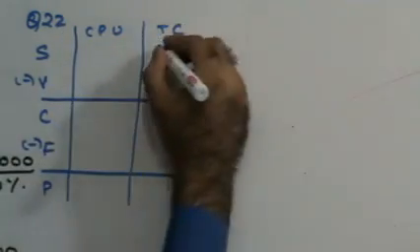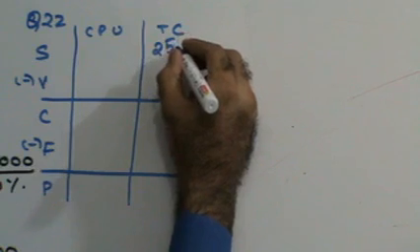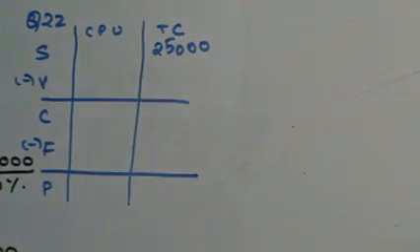If they are saying that the sales at break even is 25,000, then my profit will be nil. What do you mean by break-even sales? Break-even sales means that sales which will give you a profit of nil. So if they say that the break-even sales is 25,000, that means sales will be 25,000 and profit will be nil.